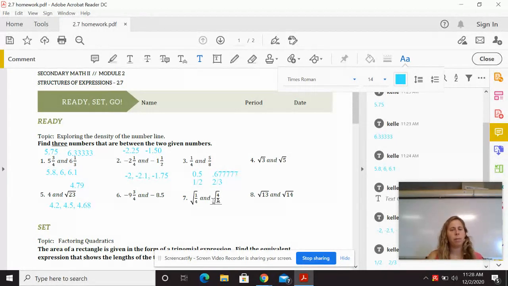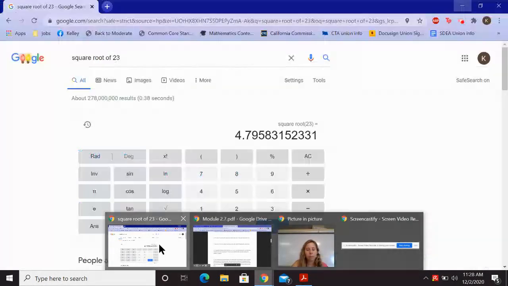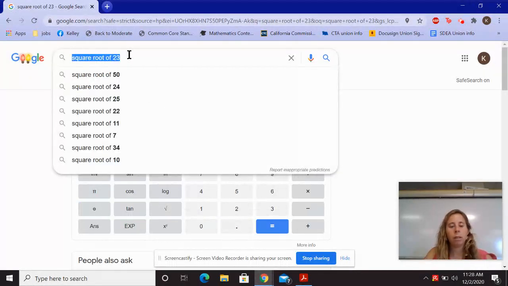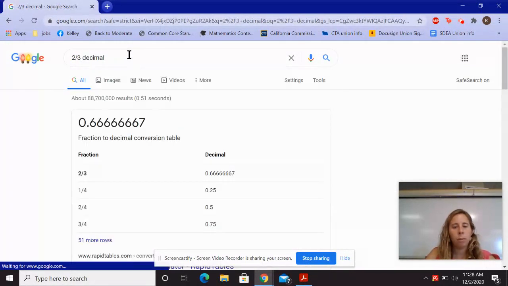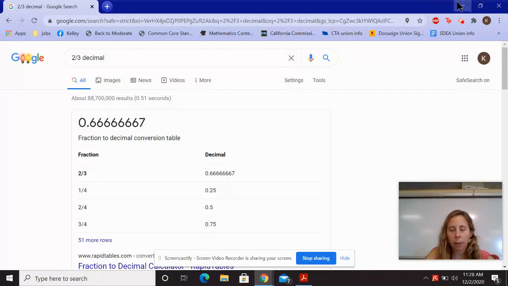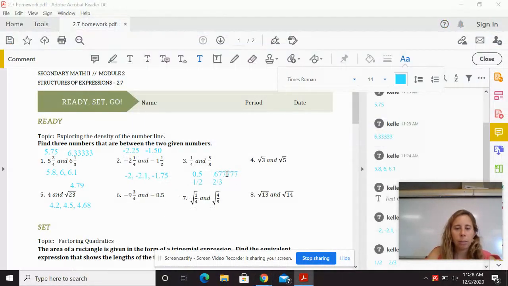I'm pretty sure it repeats. Let me double check. Let's just do 2/3. Yeah, okay, the 6 repeats. So it's my bad.